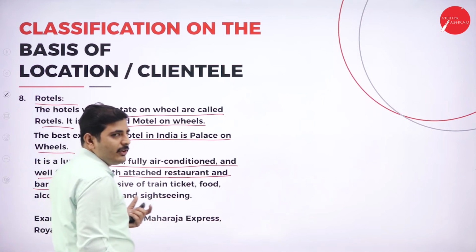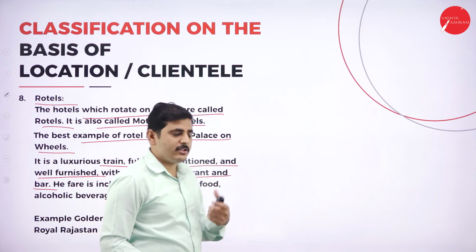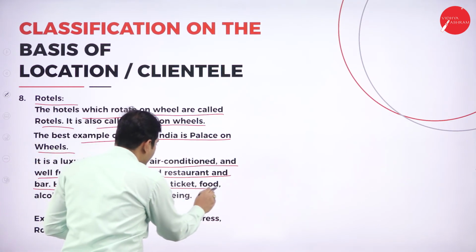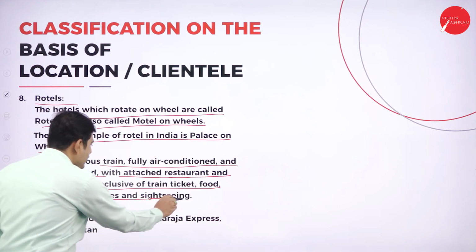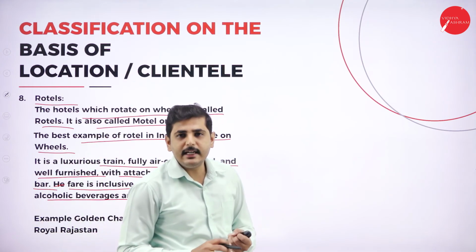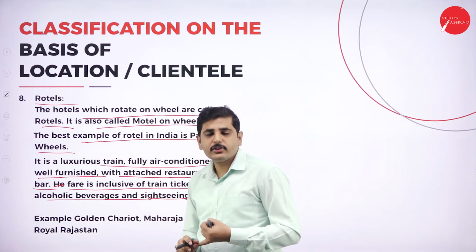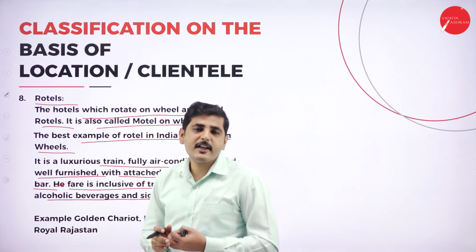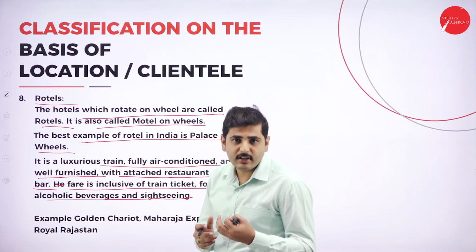The fare is inclusive of all train tickets, food, alcoholic beverages and sightseeing. Sightseeing facilities are provided by the railway, along with beverages, food, and very expensive lodging and room facilities.